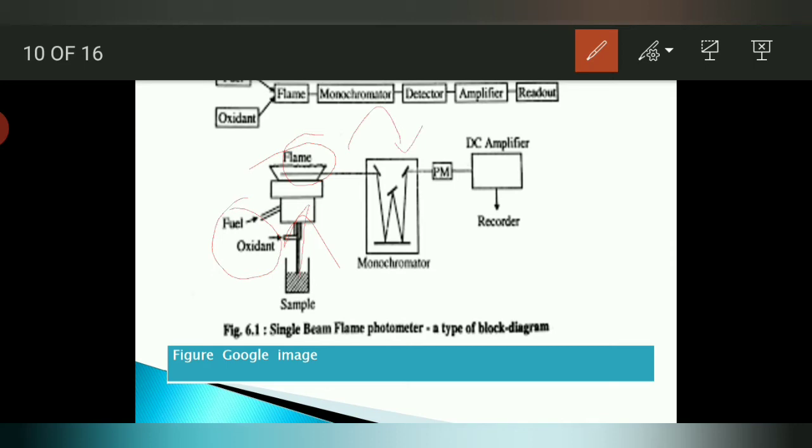The monochromator selects the particular wavelength of light and gives it to the photomultiplier tube. The photomultiplier gives its signal towards the DC amplifier. The amplifier amplifies that data and provides the information to the recorder. The recorder gives the information in the form of a graph or digital reading.